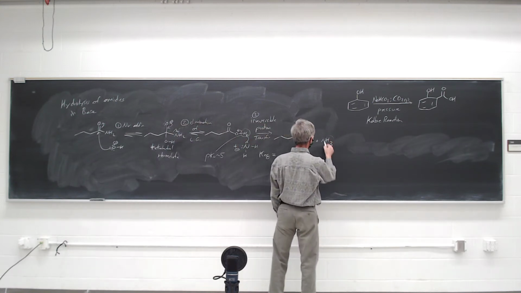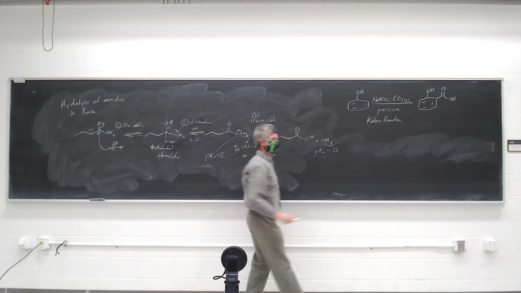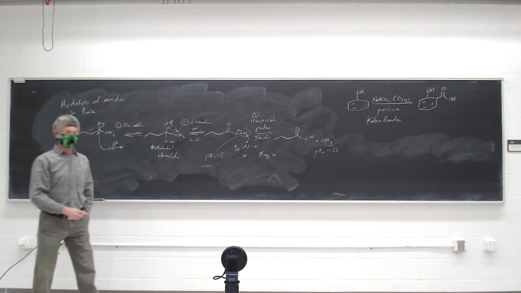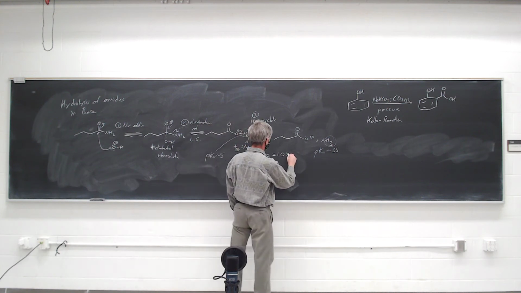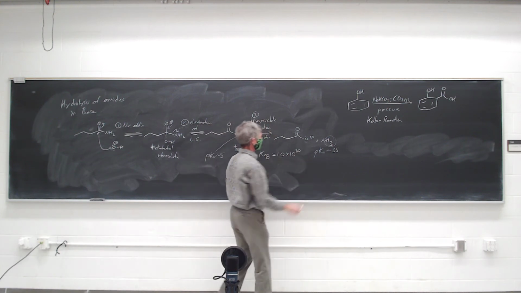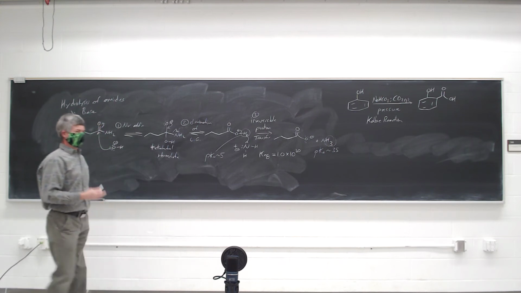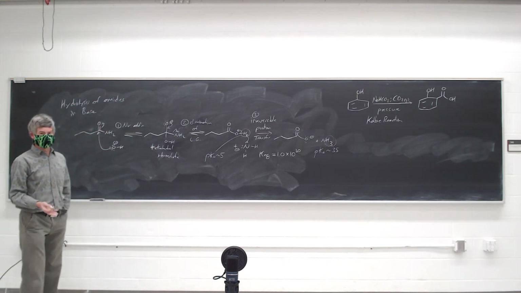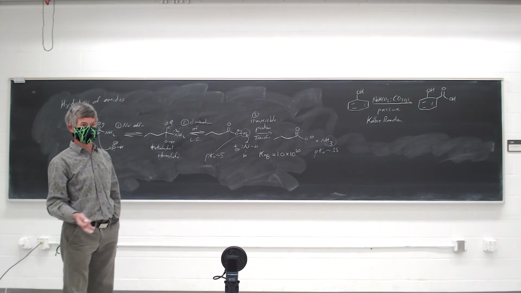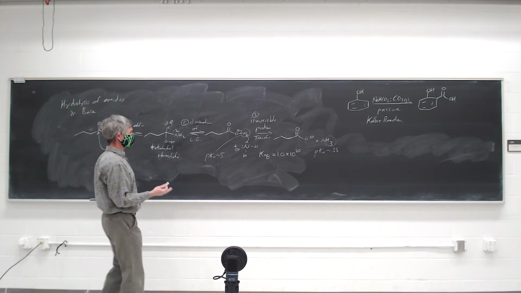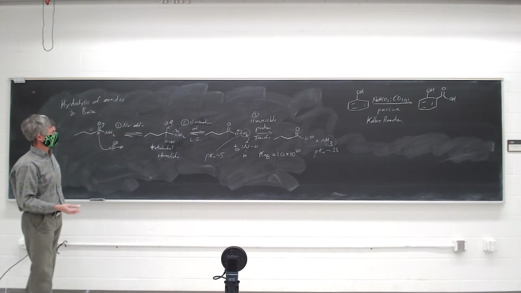And we need to know the pKa of the ammonia, which is around 35. That's 30 orders of magnitude different, which means that the equilibrium constant is 10 to the 30th, right? For saponification of an ester, it was 10 to the 10th. There's no difference between 10 to the 10th and 10 to the 30th from the perspective of the reaction. They're both really fast, irreversible proton transfers.